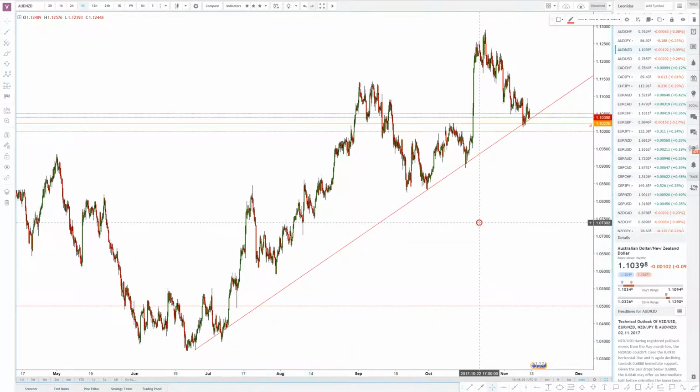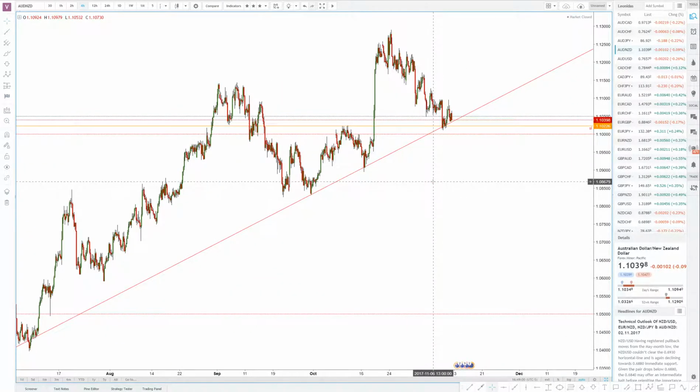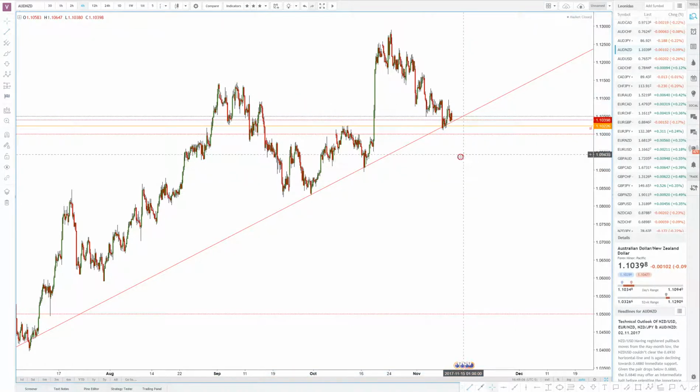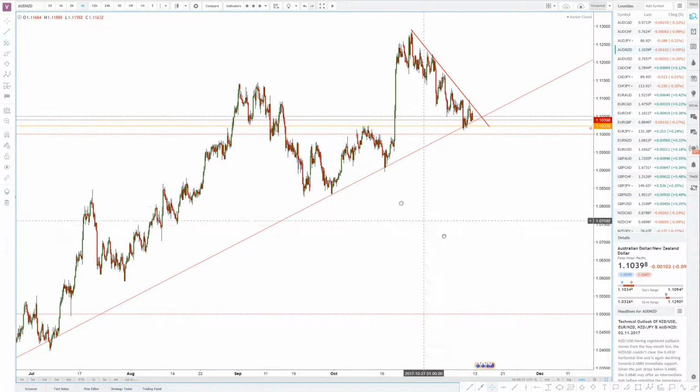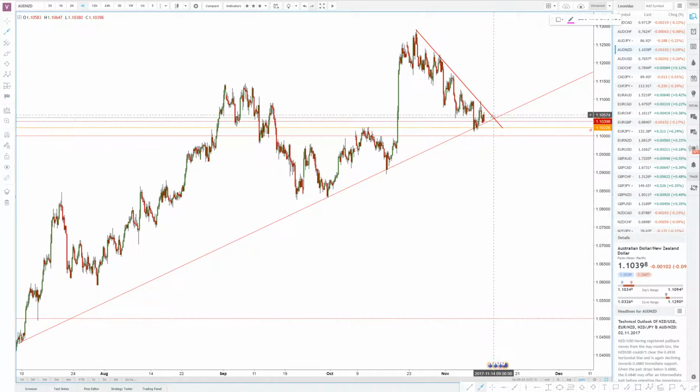So we're sitting right on that trend line, and we're looking for Australian dollar to go up. I would definitely be interested in buying it as soon as we break this trend line. So you can kind of see how it's packed itself in here, and as soon as we start doing that, then we can definitely start moving higher.